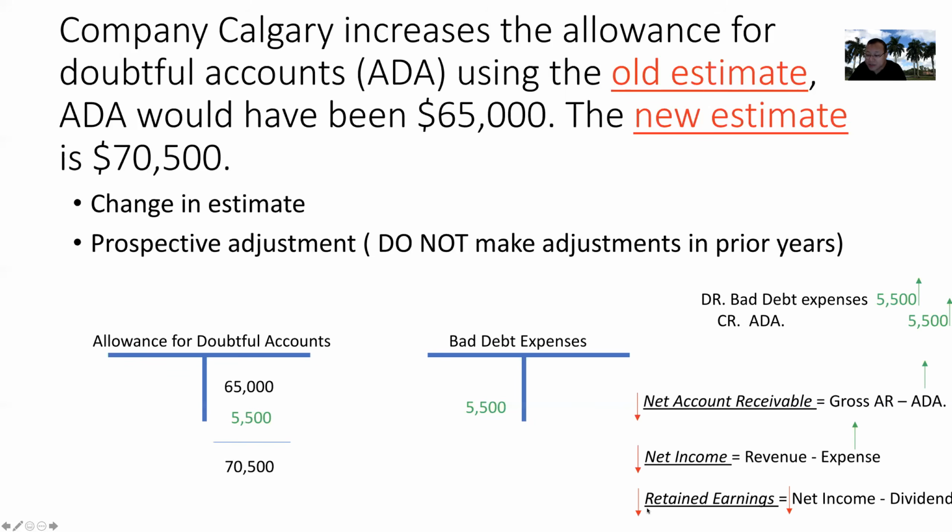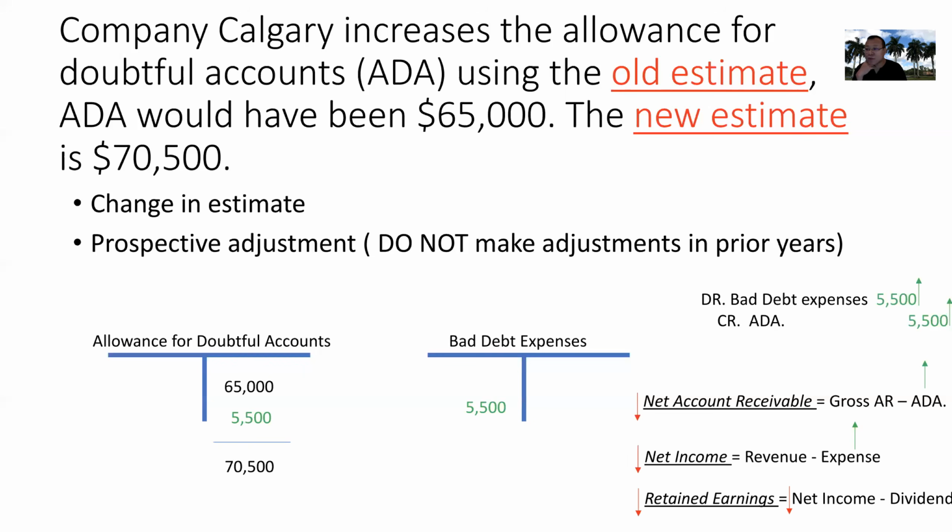So your retained earnings decreased by 5,500. So this adjustment we made here has effects on both the balance sheet and income statement. On the balance sheet, my asset, net account receivable, and my equity, retained earnings, both decreased by 5,500. For the income statement, my net income decreased by 5,500. I hope this is pretty clear and makes sense to you.